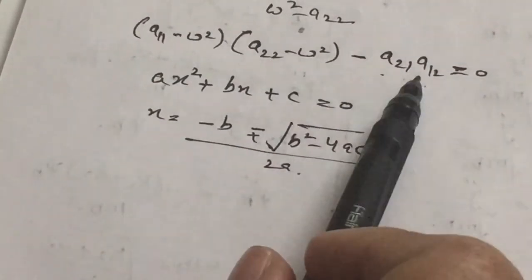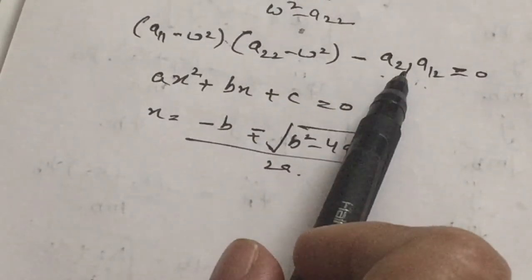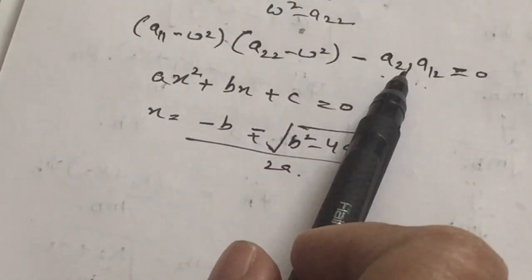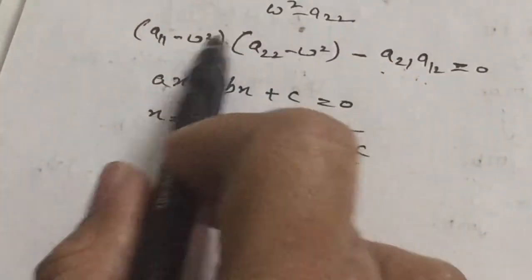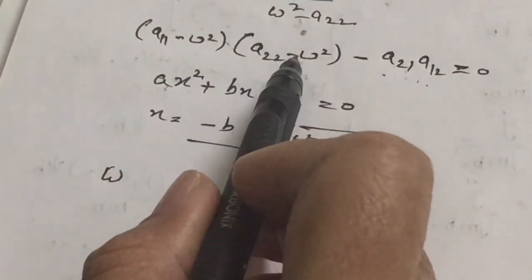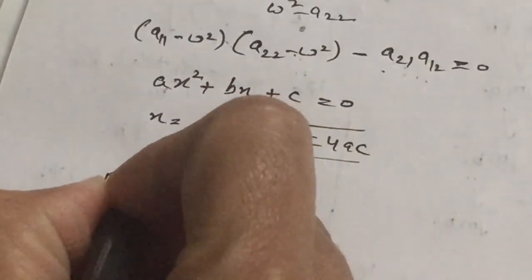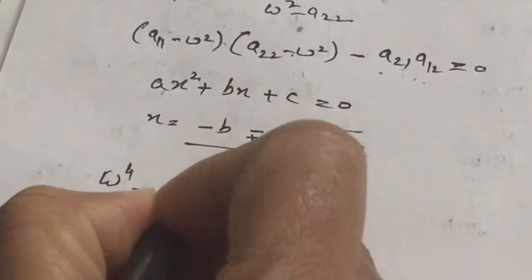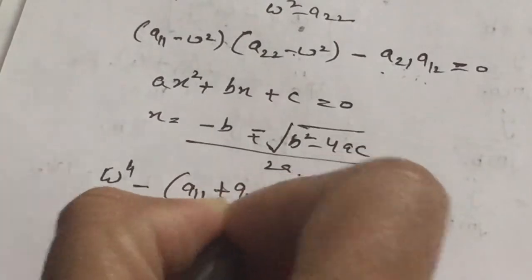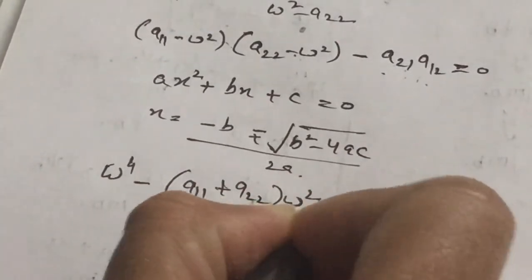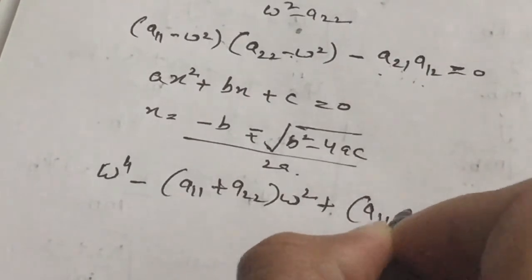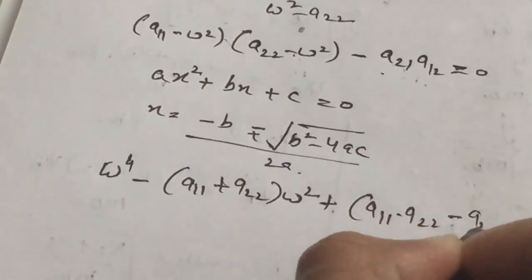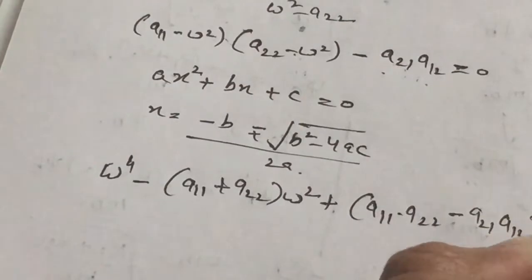By multiplying these two brackets, we will find the quadratic equation in omega square: omega raised to power 4 minus a11 plus a22 omega square plus a11 a22 minus a21 a12 is equal to 0.